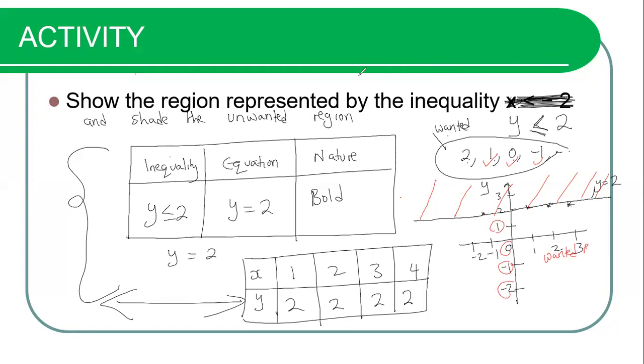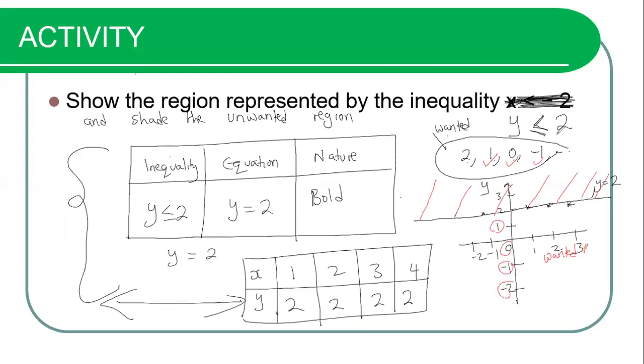Teacher, I want to ask, how do you determine whether the line is bold or dotted? Yes, now a borderline comes when we have less than or equal to.